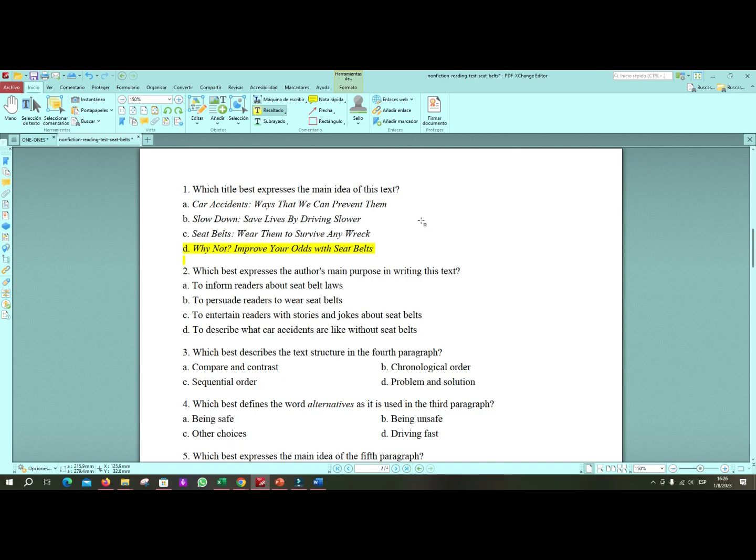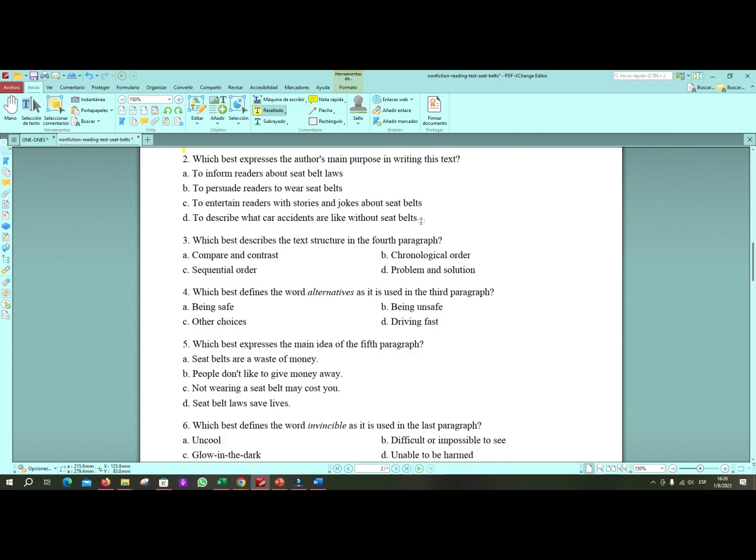So, what about number two? Which best expresses the author's main purpose in writing this text? A. To inform readers about seatbelt laws. B. To persuade readers to wear seatbelts. C. To entertain readers with stories and jokes about seatbelts.